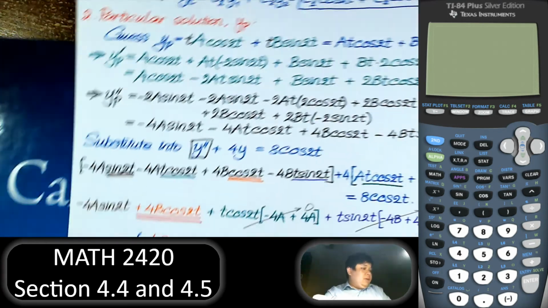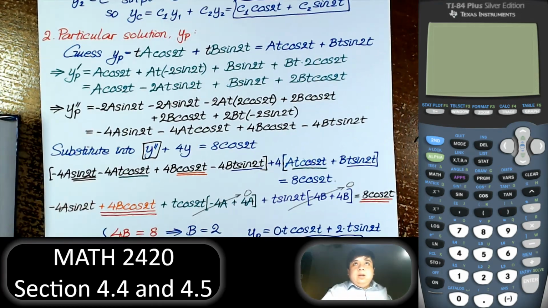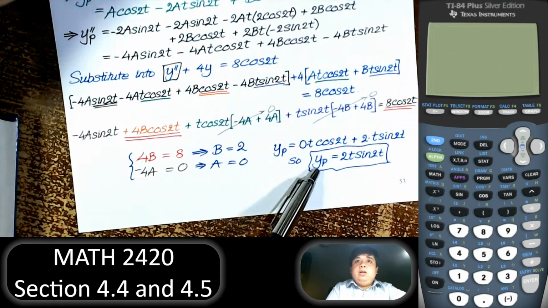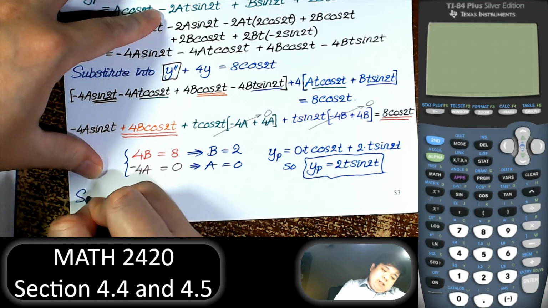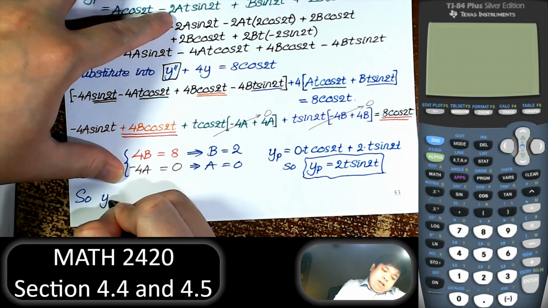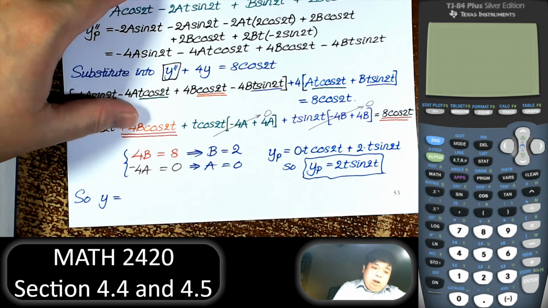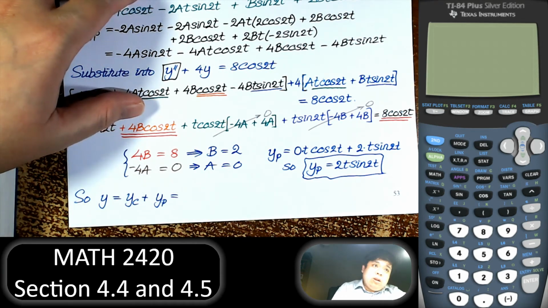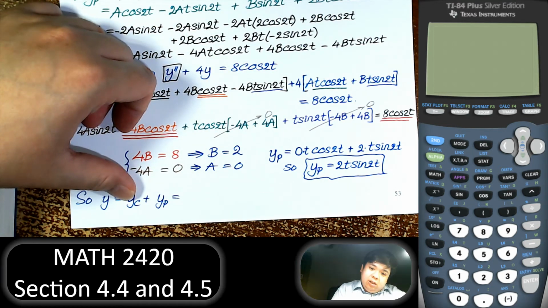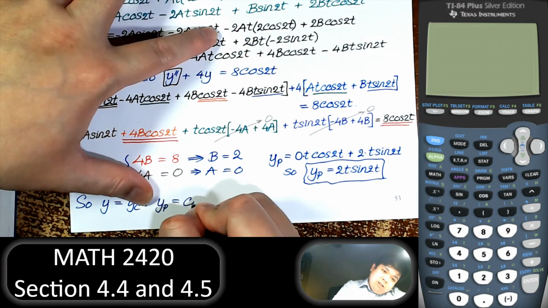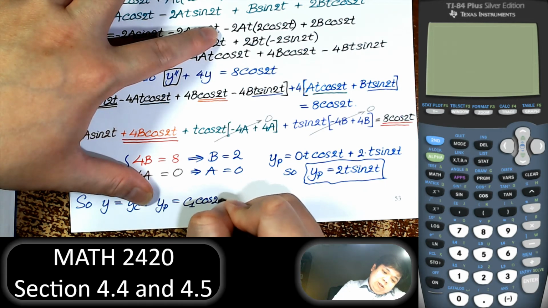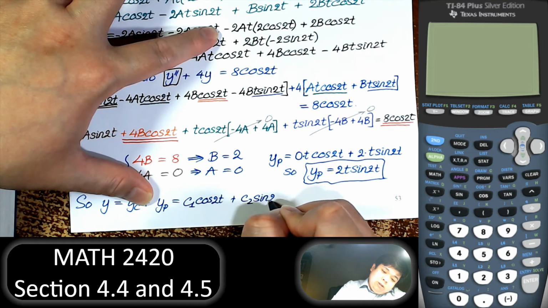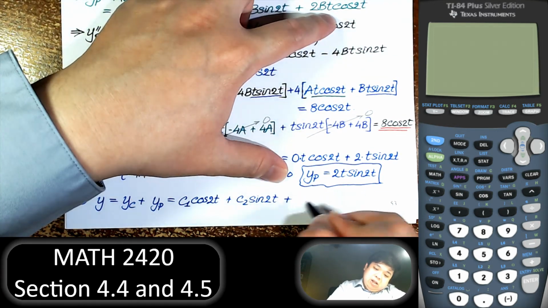So complementary solution, particular solution, combine the two, we have general solution y equal to complementary solution plus particular solution. Complementary solution is that. And then particular solution.